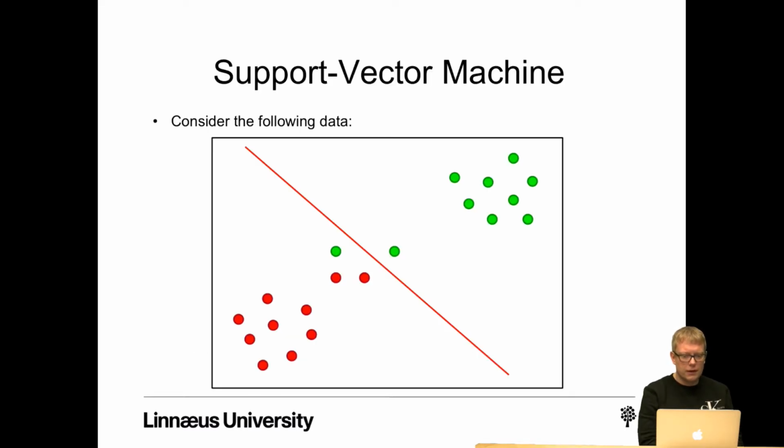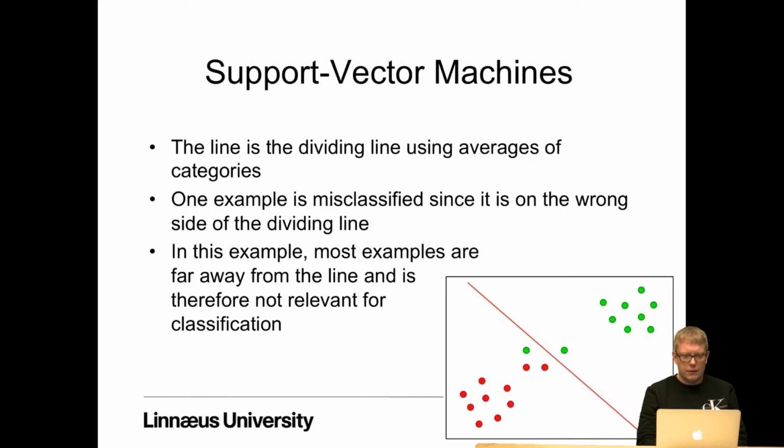Consider the following data. We have two categories, green and red, and we try to find a dividing line between the center points for the two categories, and it will be placed approximately where the red line is placed in the figure. So the line in the figure is dividing the averages, the center points of the two categories.